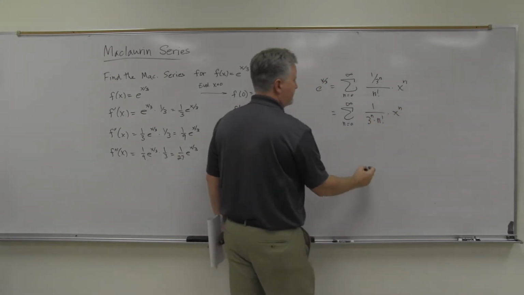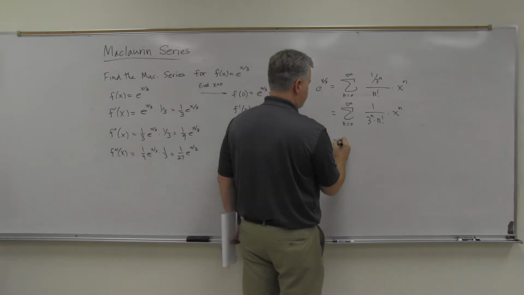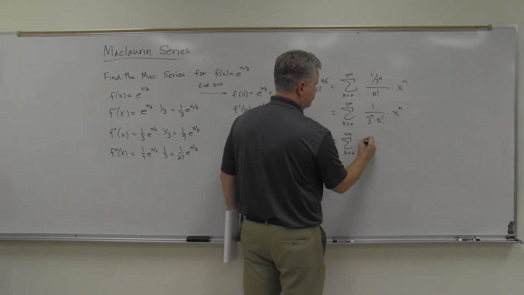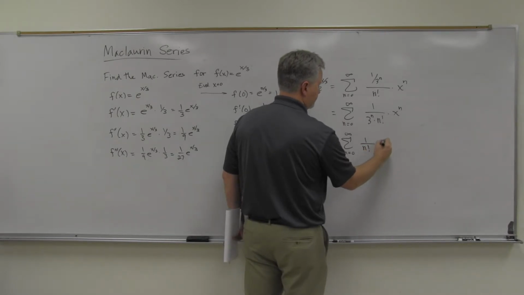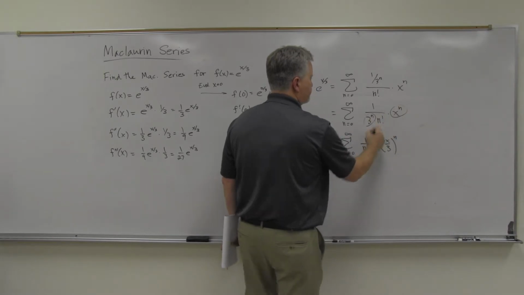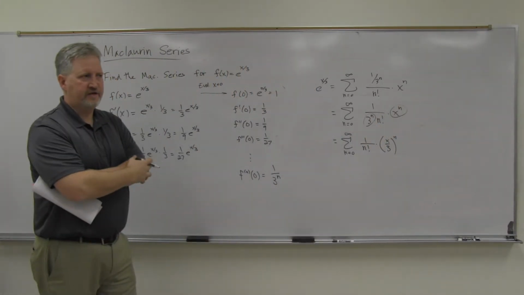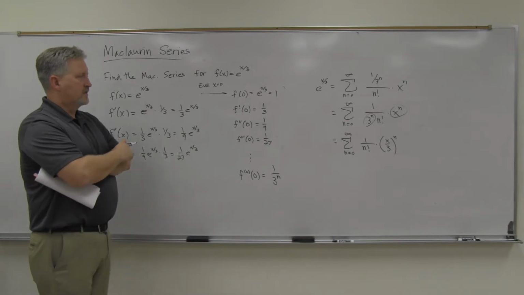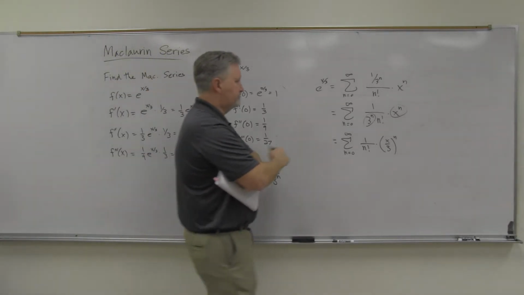This might be one where they would go ahead and combine those. Both of those are to the nth power, so they might write that as x over 3 to the nth. Either one I'm okay with.